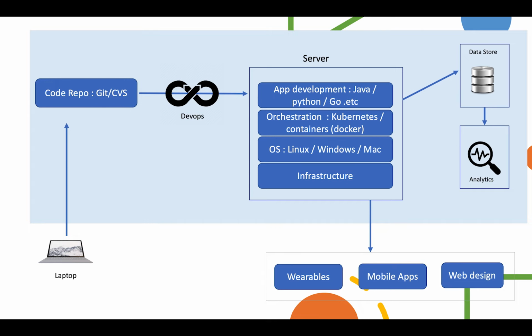Then you have the wearables: your watches, your health bands, your smart glasses. There are different ways you can interact further, and everything is calling the APIs, or application programming interfaces, which are sitting on the server. So that is the landscape.